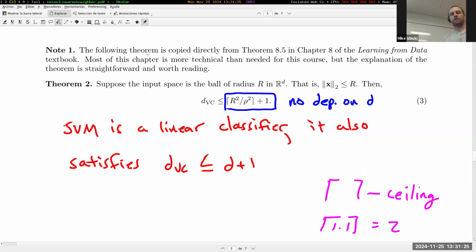And so one of the things that the textbook talks about in this section, in their chapter 8, theorem 8.5, is what they do to make sense of this, of making these quantities actually not dependent on the data, but some more abstract-ish thing.